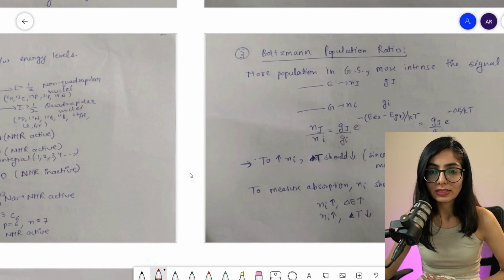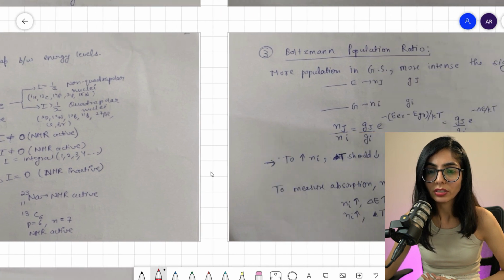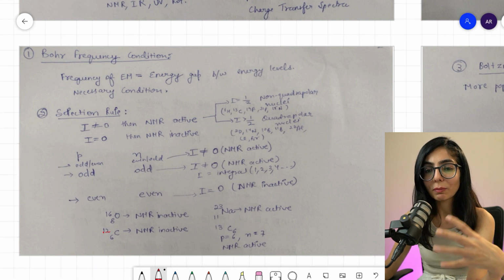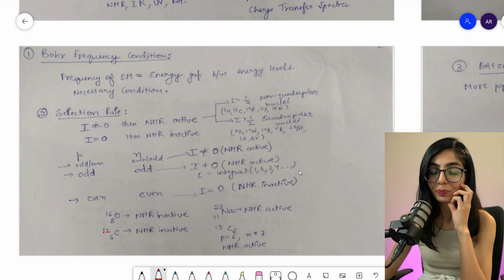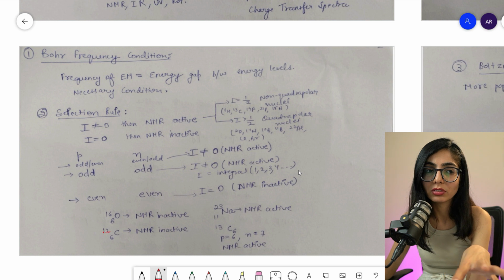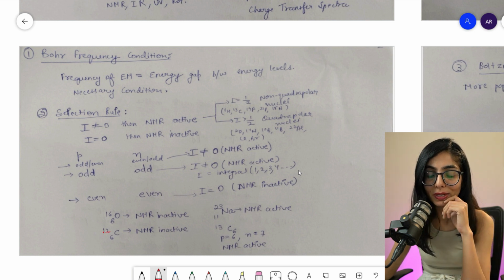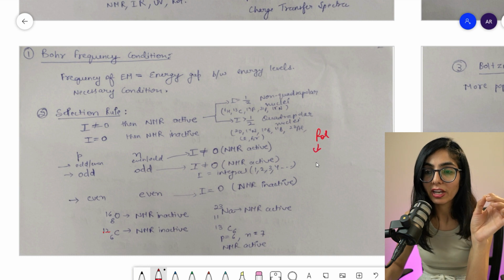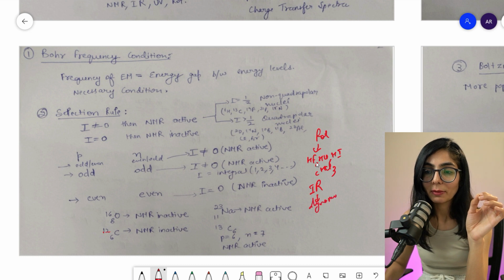These are some basic things, and I think we just got done with this selection rule. This is a somewhat mathematical selection rule, but there is also a theoretical selection rule, the way you must have learned in physical spectroscopy. In rotational spectroscopy you should have a permanent dipole moment, like in HF, HCl, HI, CHCl3. In IR, you should have a dynamic dipole moment.